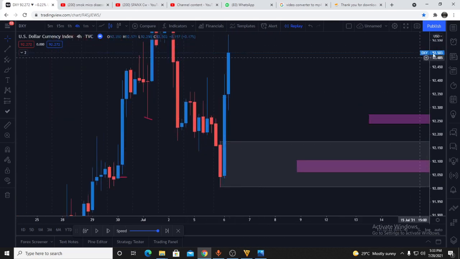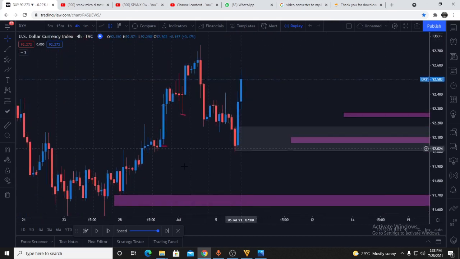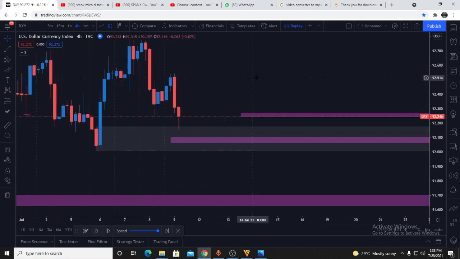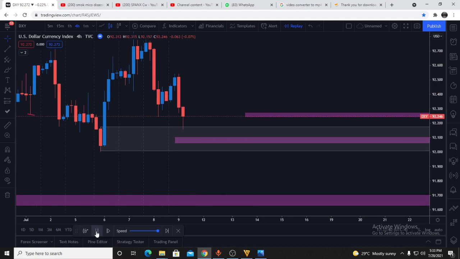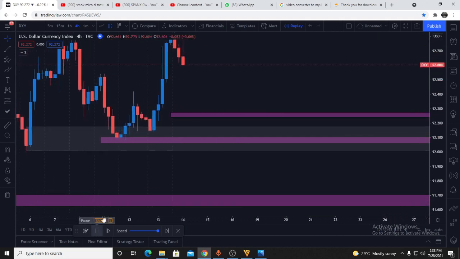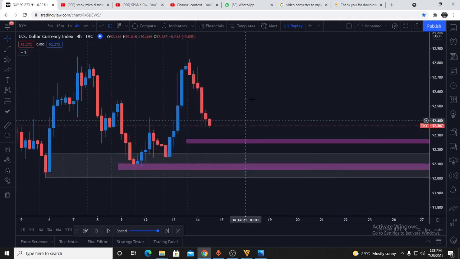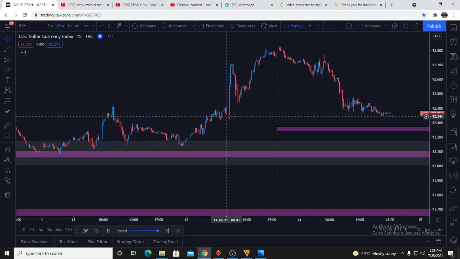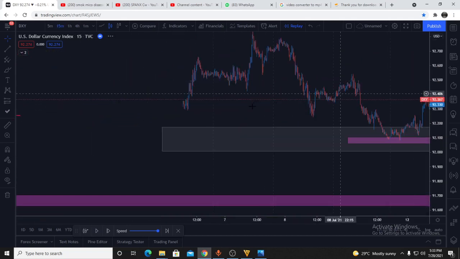So now what do we do with this? We basically just wait for price to return to the order block, right? And then price returns to the order block, and then it should flow off from there. And then we get another buy opportunity, right? Price basically did the same thing when it hit this order block, I'm sure.